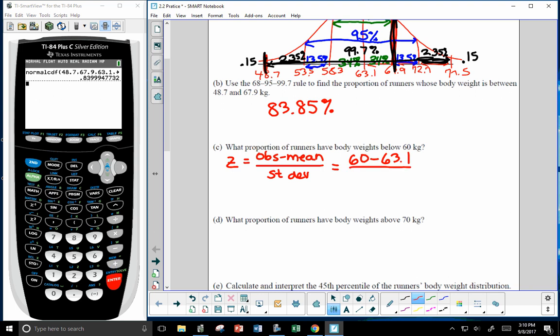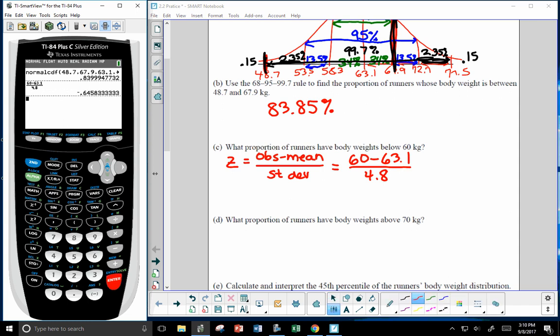That gives us a negative Z-score, which we would expect since our observed score is below the mean. So we have a Z-score of negative 0.6458.